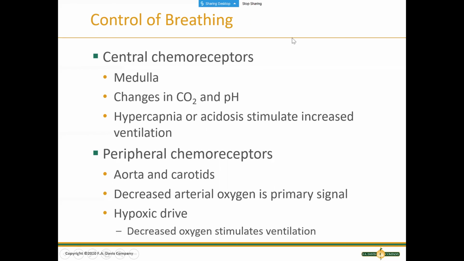The whole point of this slide here is that there are certain patients who always have a high CO2.